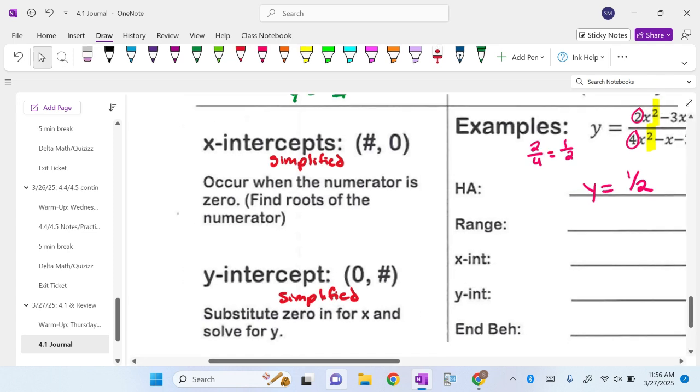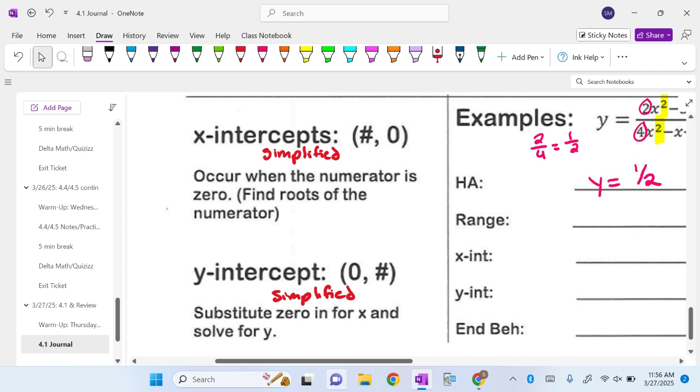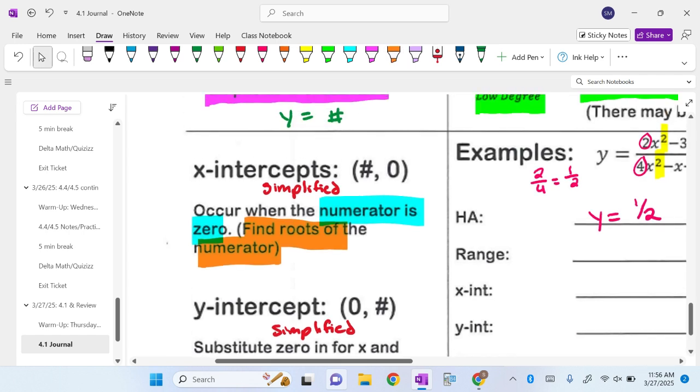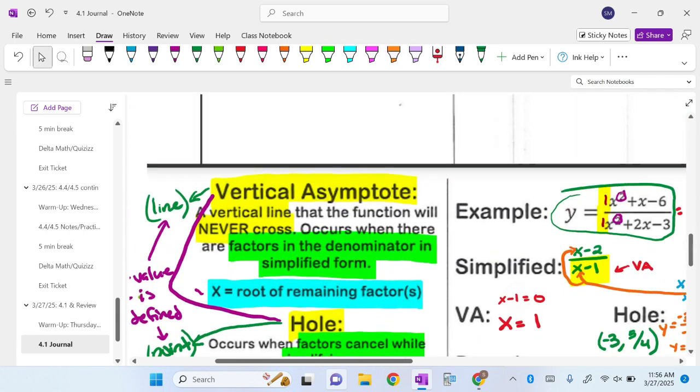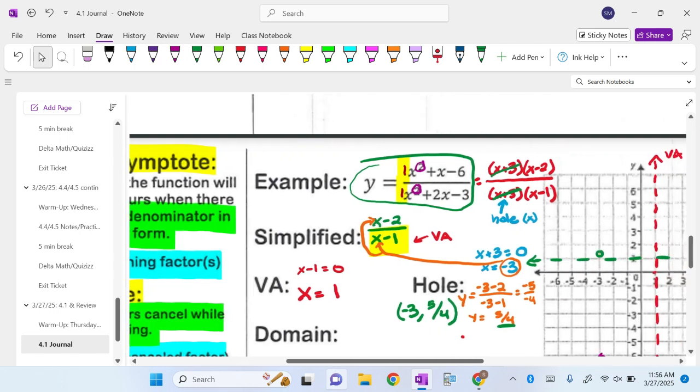So, the x-intercept occurs when the numerator is 0. So we just have to find the roots of the numerator. For example, up top with this original function, I'm looking at my simplified function, so the x minus 2 over x minus 1.